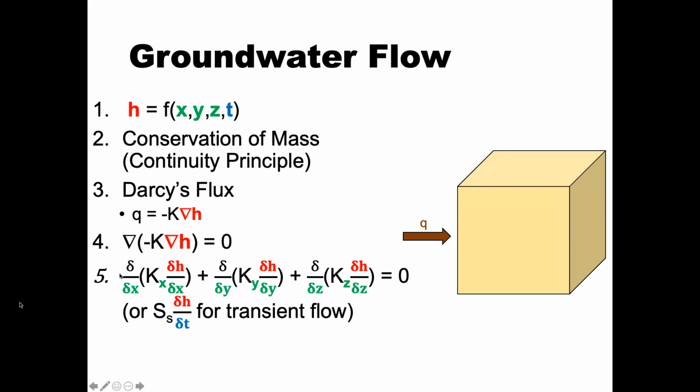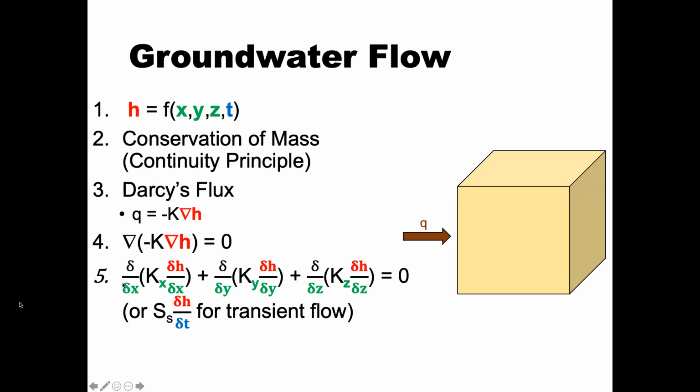Another way of writing this is if we have an anisotropic system that's heterogeneous. We've talked about this. We can talk about how things change in the X direction, how the hydraulic conductivity may be preferential in the X direction or less so, and the change in heads in that X direction. The same with the Y and the same with the Z, and under a steady state condition, that's equal to 0.